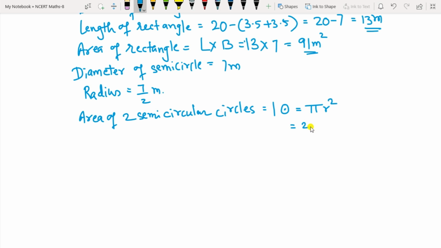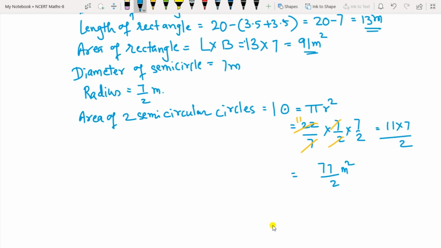So that will be 22 by 7 into 7 by 2 into 7 by 2. Here 7 gets cancelled, and 2 ones are 2, 2 elevens are 22. So the remaining is 11 into 7 by 2. So that is 77 by 2. That is the area of two semicircles.